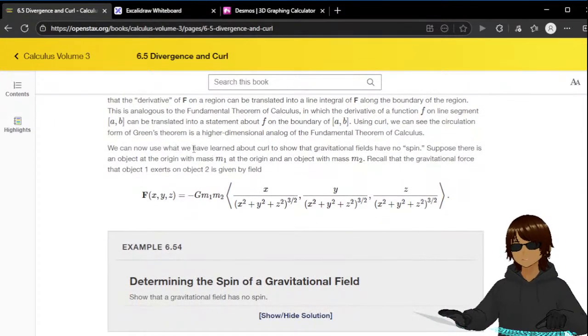We can now use what we have learned about curl to show that gravitational fields have no spin. Suppose there is an object with mass m1 at the origin and an object with mass m2. Recall that the gravitational force that object 1 exerts on object 2 is given by the field.